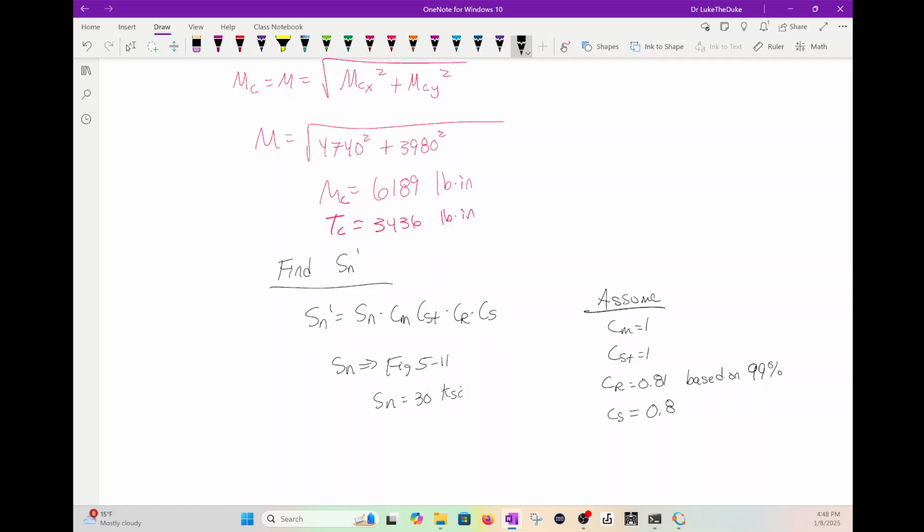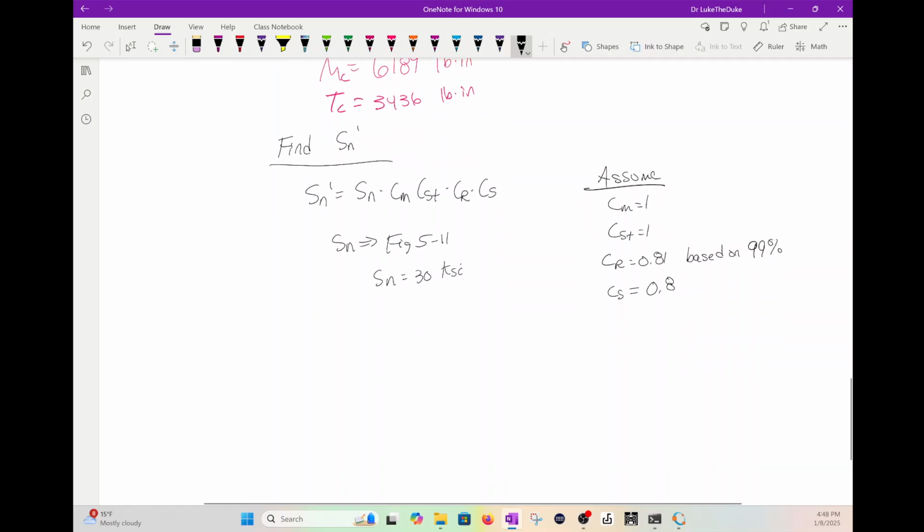Okay, and I'll show you how we do that. So now Sn prime is 30,000 times 1 times 1 times 0.81 times 0.8, and we get 19,440 pound-inch squared.